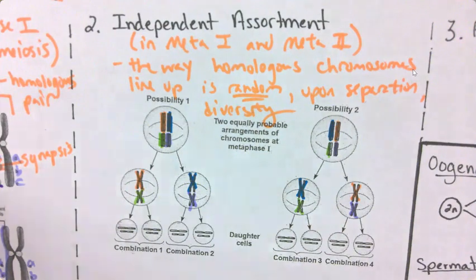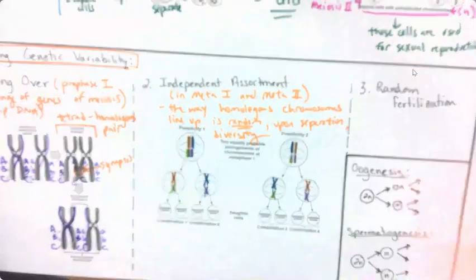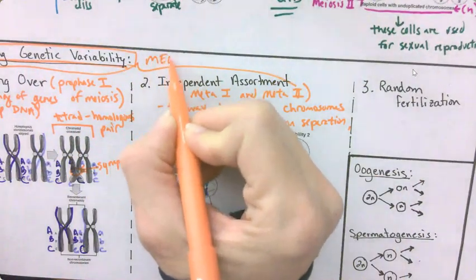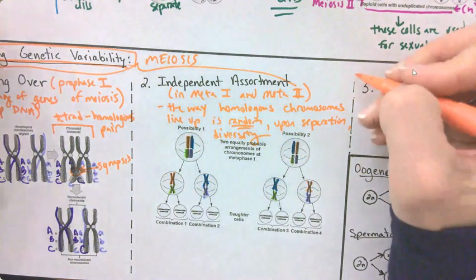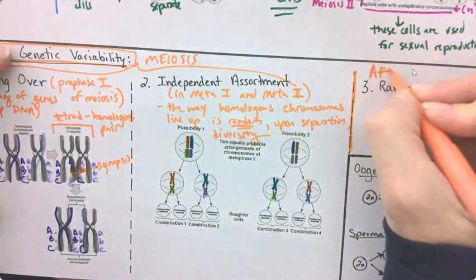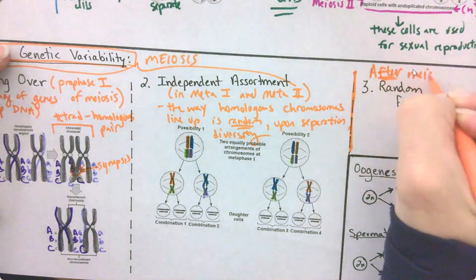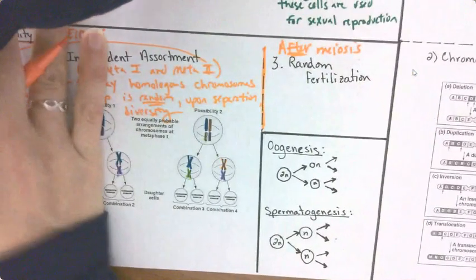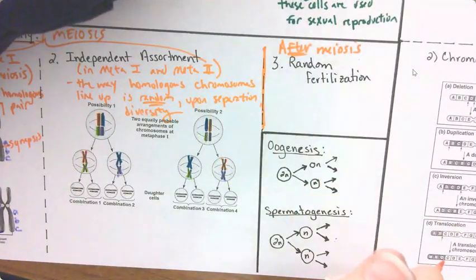So both of these two, I'm going to zoom out for a second, both of these two, crossing over and independent assortment, occur during meiosis. Okay? But then after meiosis, a third way to influence genetic variation, or to increase genetic variation, is random fertilization.